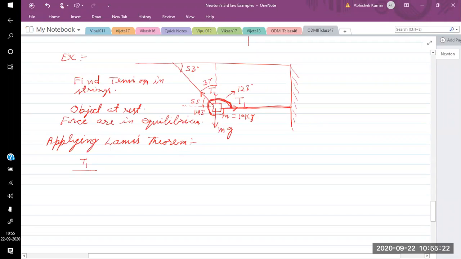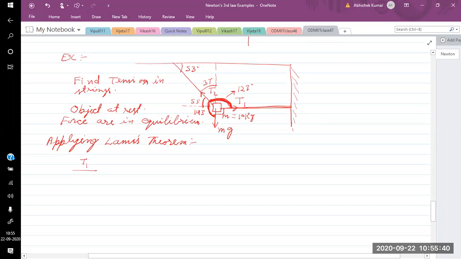So this angle is total 127 degree, and this lower side is 143 degree, because this is 53, so 53 here, 53 here, so 53 plus 90, so total is 143.